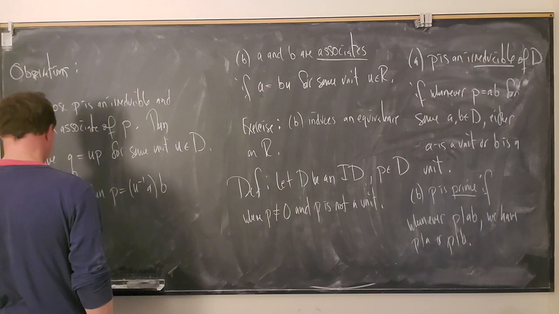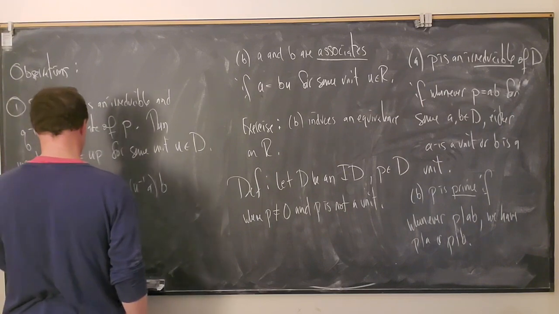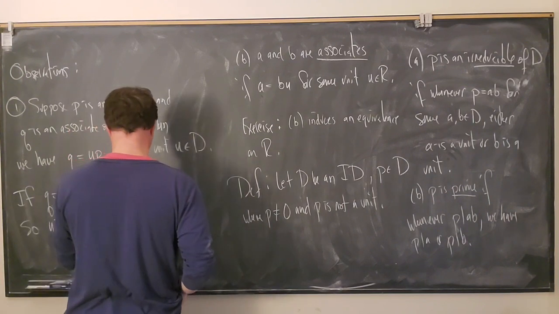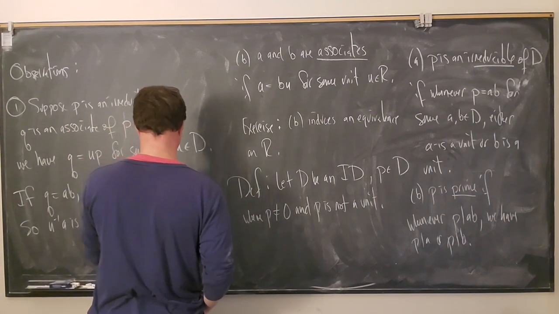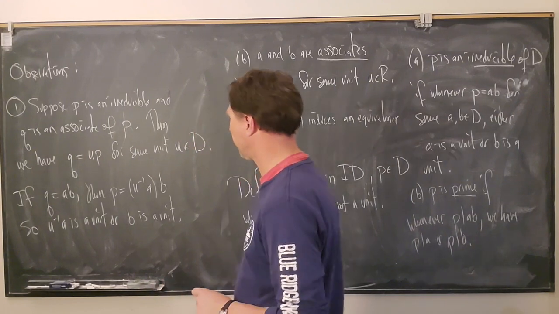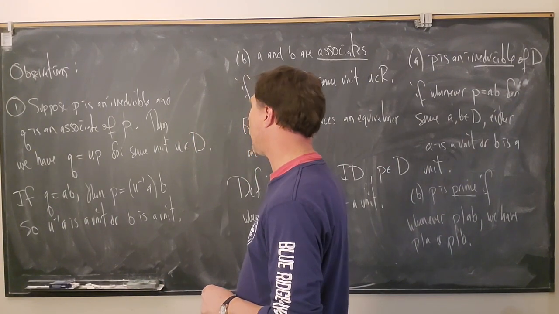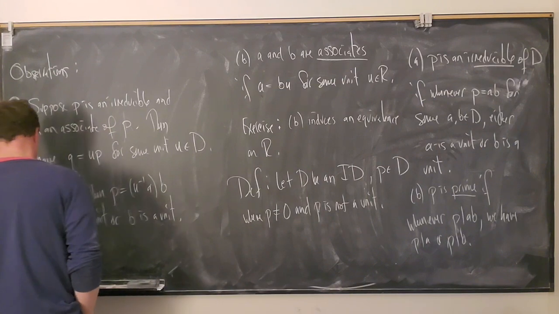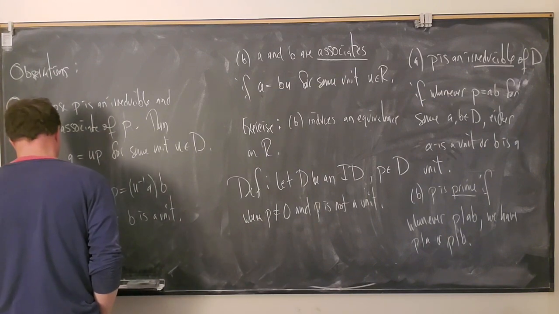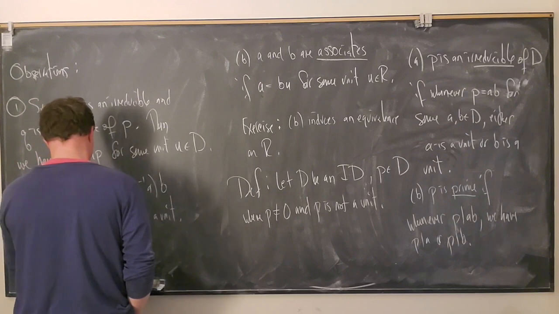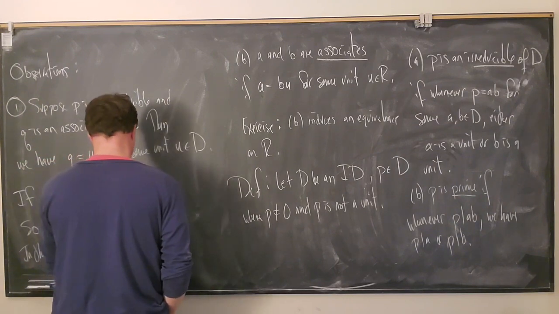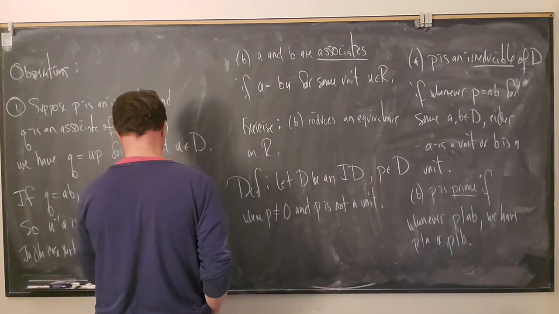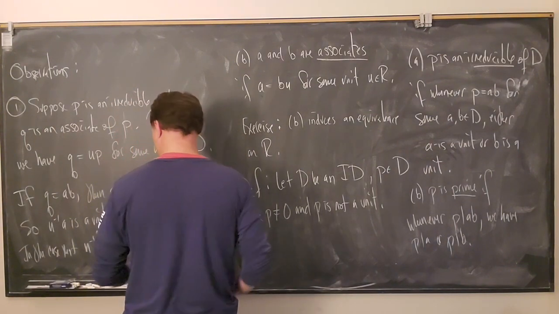So U inverse A is a unit, or B is a unit. In the case that U inverse A is a unit, it's easy to see then that A is a unit. Follows.